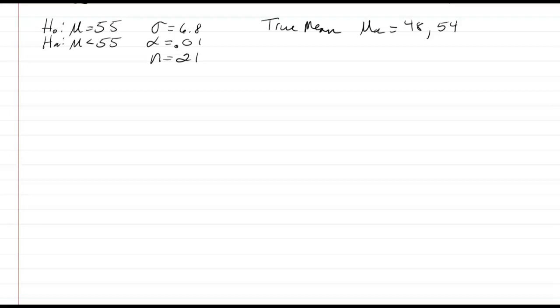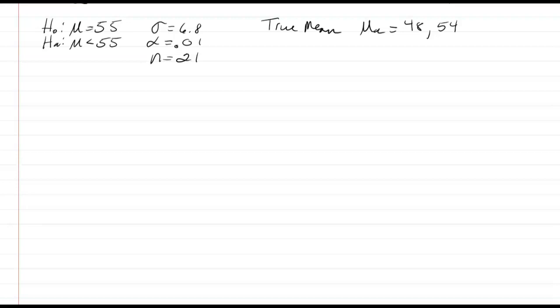So we have the mean equal 55. That's what we believe to be true. Then the alternative hypothesis, if you recall, we did this problem in an earlier video, was we believe it's less than 55. In this problem, we had a sigma, a population standard deviation of 6.8. We're going to work it at the alpha significance level of 0.01. Our sample size is 21.